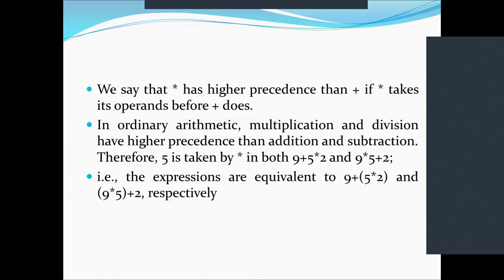So 5 is taken by star in both cases, 9 plus 5 star 2 or 9 star 5 plus 2. In any of the cases, 5 is taken by the star first. That is, the expressions are equivalent to 9 plus (5 cross 2) and (9 cross 5) plus 2 respectively. So this is how the precedence has been taken by the star operator.